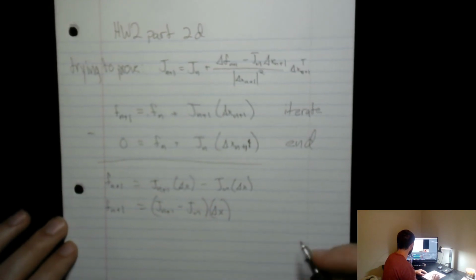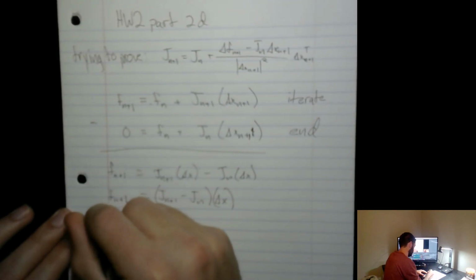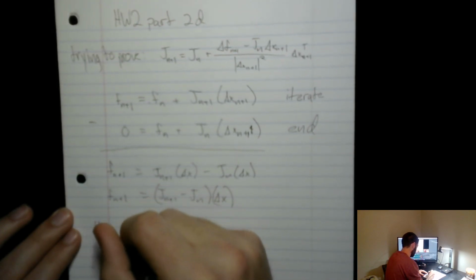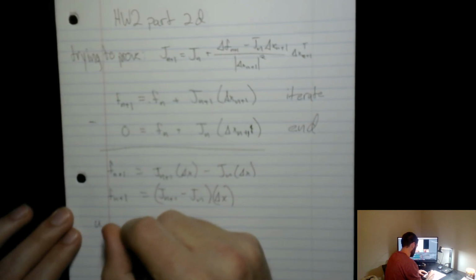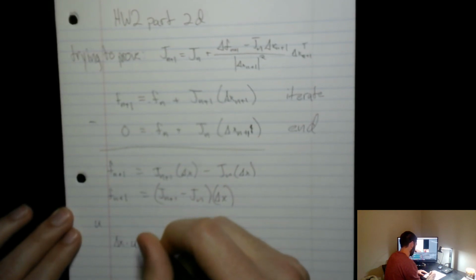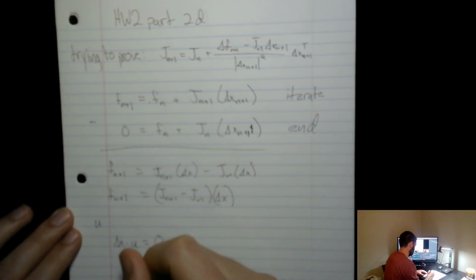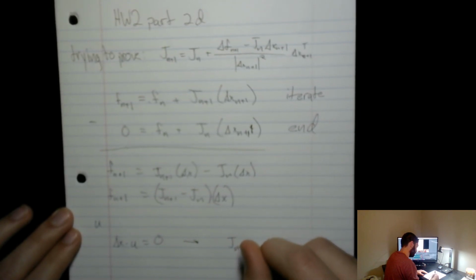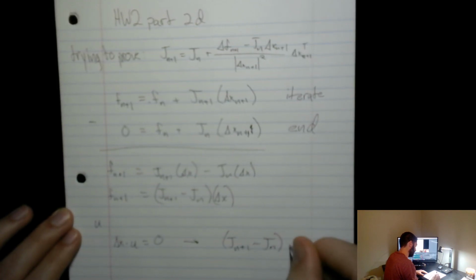So now we're going to introduce this vector u, and there are two cases we want to look at. Case 1 is when the dot product of delta x and u is equal to 0. When this is true, it means that j of n plus 1 minus j of n times u equals 0.